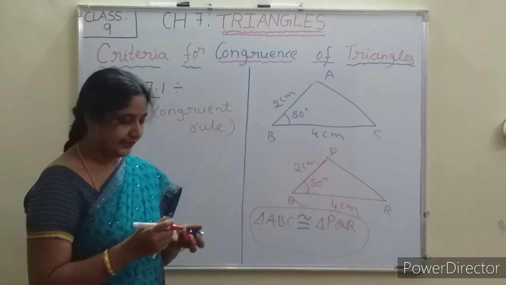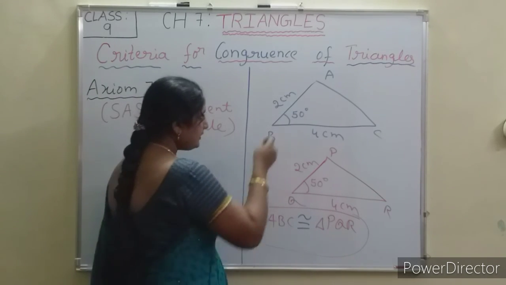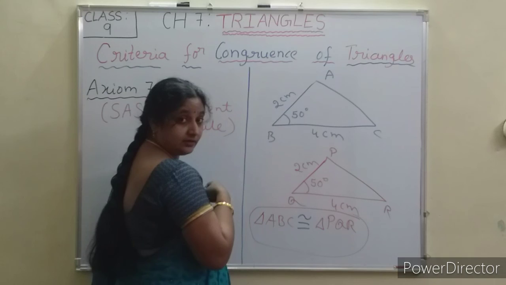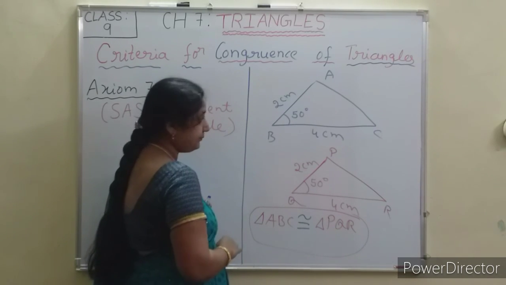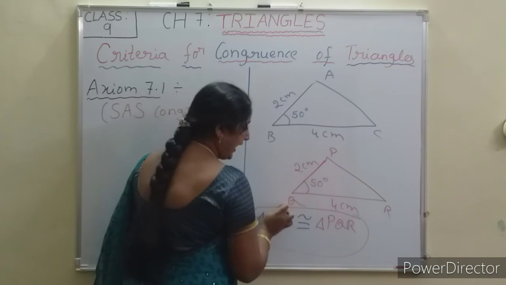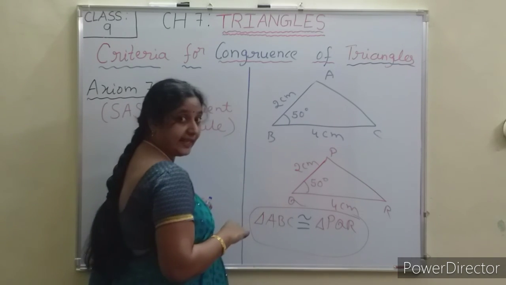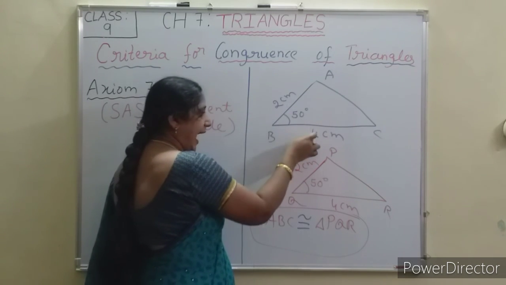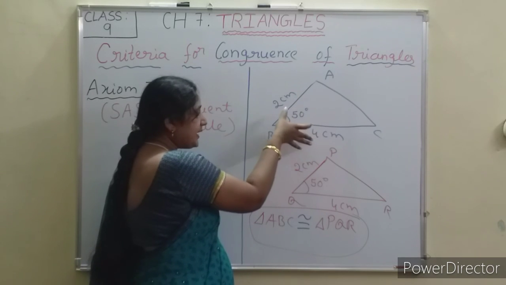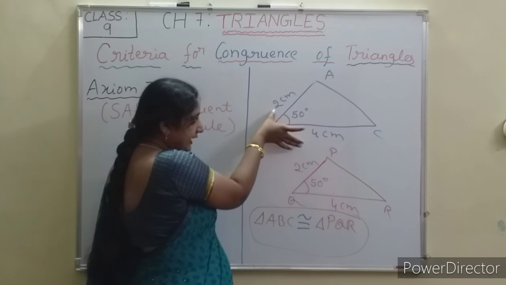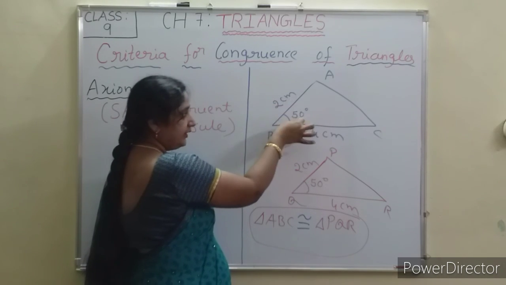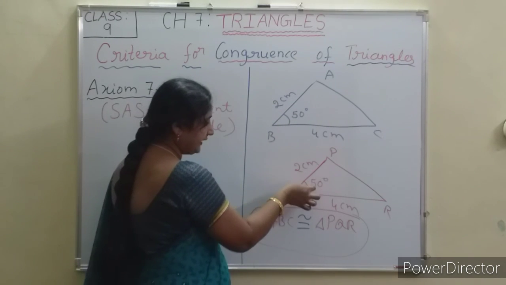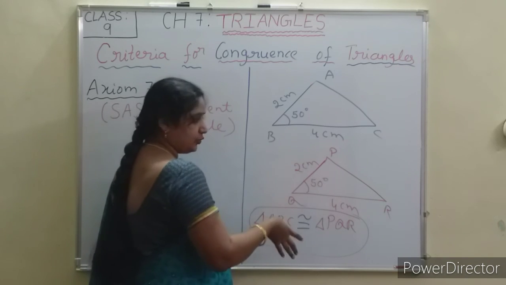How am I telling? You see, here the AB side and PQ side both are the same, and the BC side and QR side both are the same, and the included angle of these two sides, whatever angle is formed by these two sides, is 50 degrees, and here also this angle is formed by these two sides.